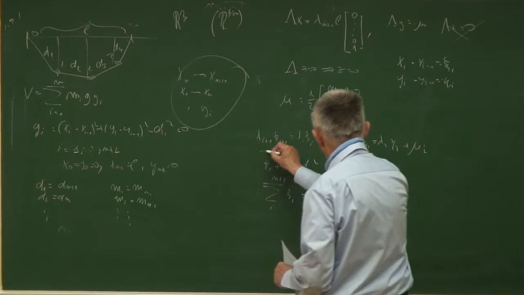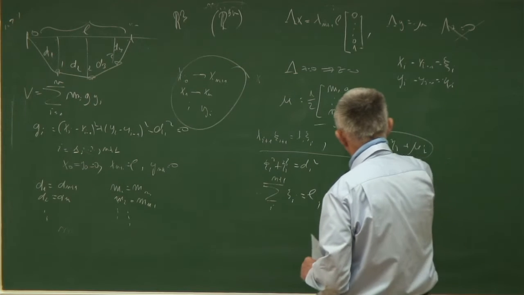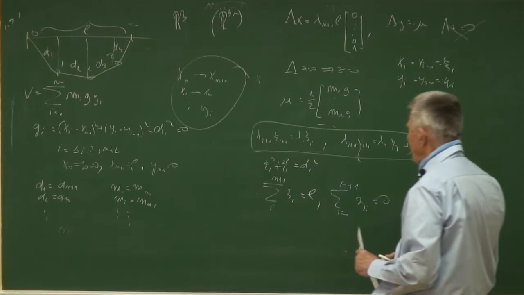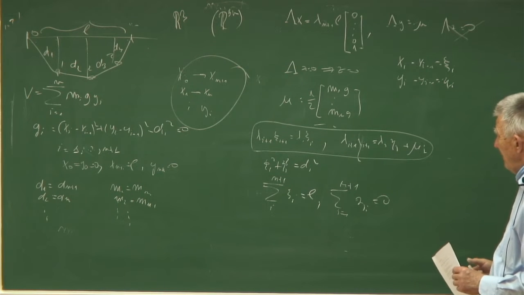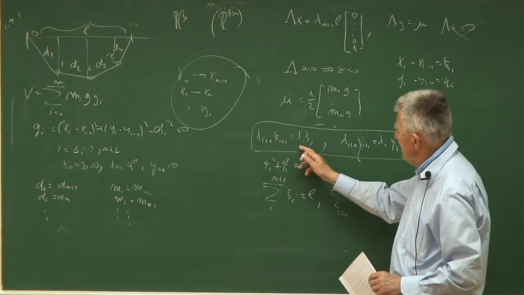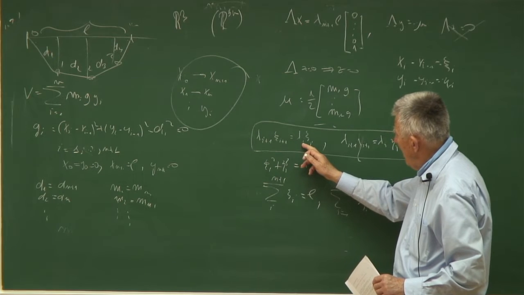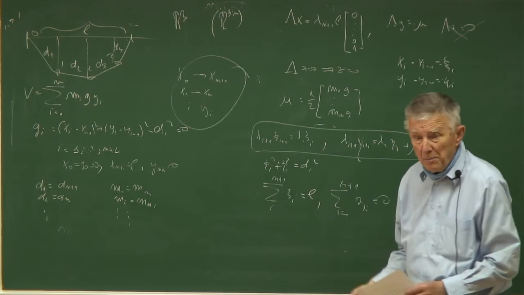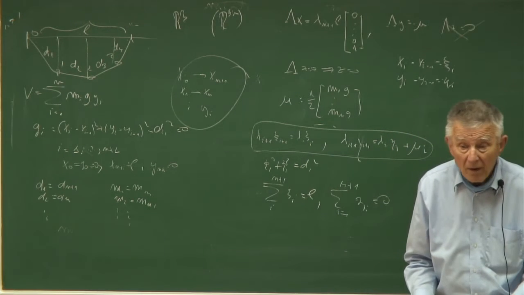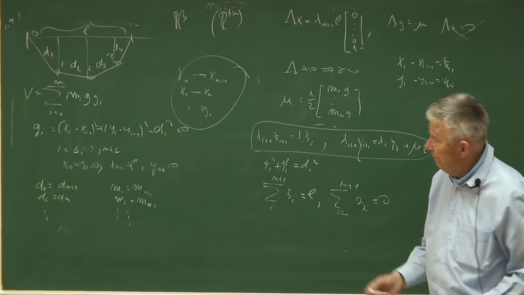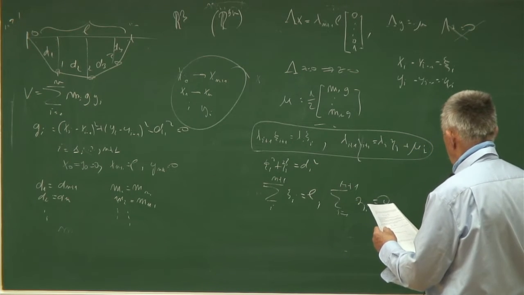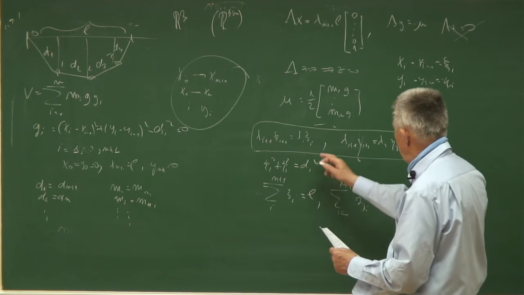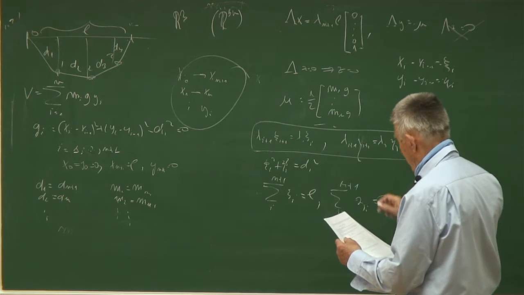Now those two equations can be squeezed into a single difference equation. That means that those products, lambda i xi i, are independent of i. It's a number. So I can now divide this equation by this.